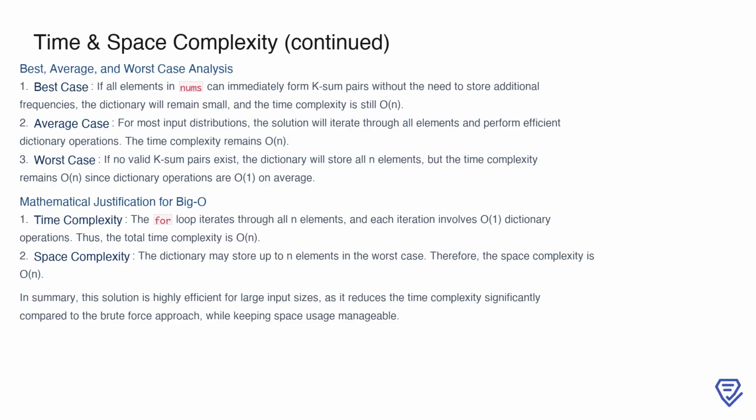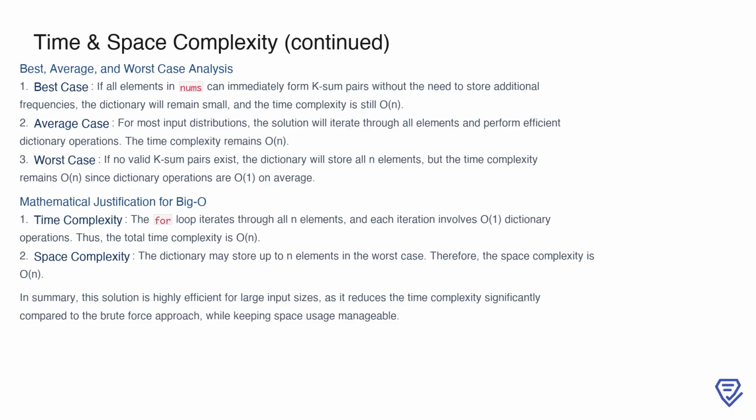In the average case, for most input distributions, the solution performs efficient dictionary operations while iterating through all elements, keeping the time complexity at O(n). In the worst case, no valid k-sum pairs exist, meaning the dictionary will store all n elements, resulting in O(n) space usage. However, the time complexity remains O(n), since dictionary operations like lookups and updates are O(1) on average.